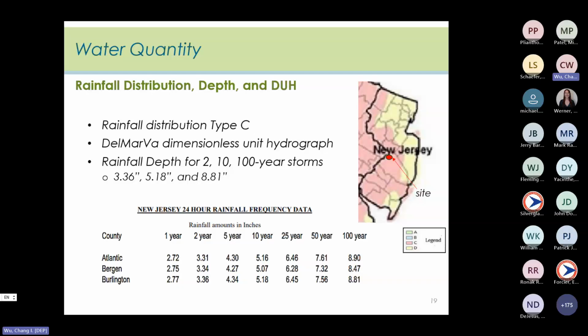Since this project was submitted to the township prior to the SCO, that is, before the department adopted the inland flood protection rules, the county average can be used.